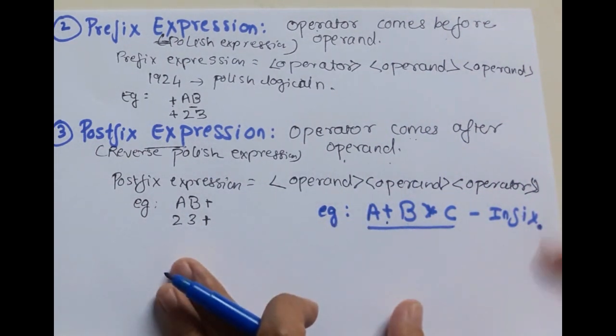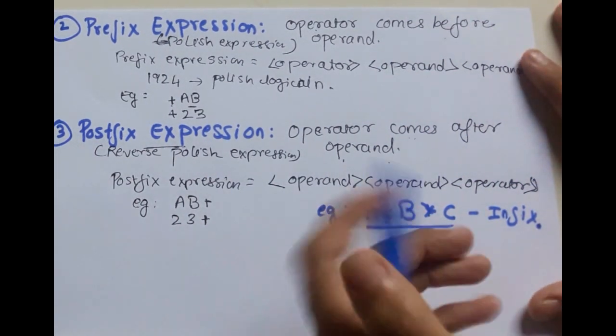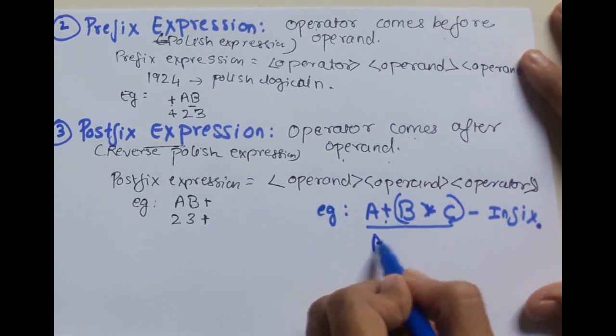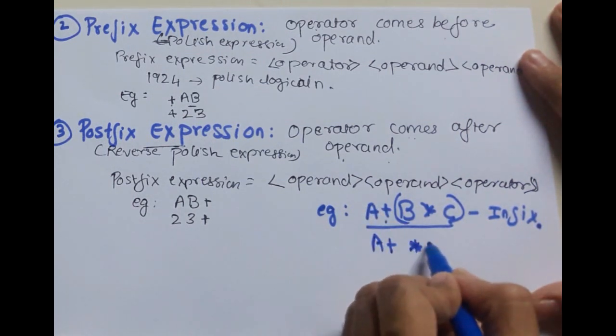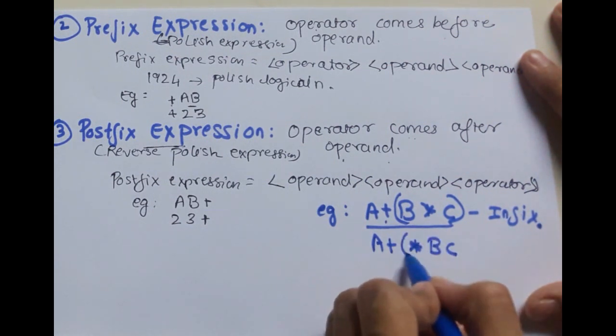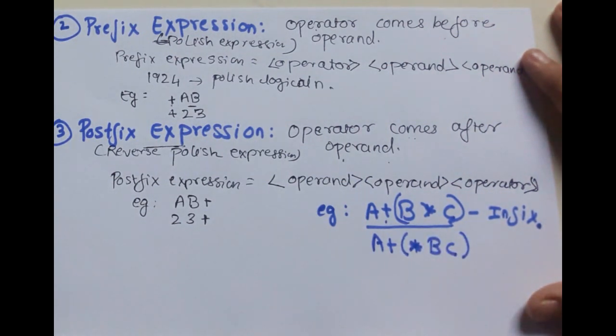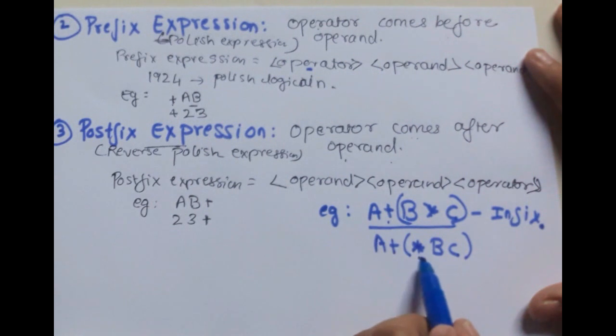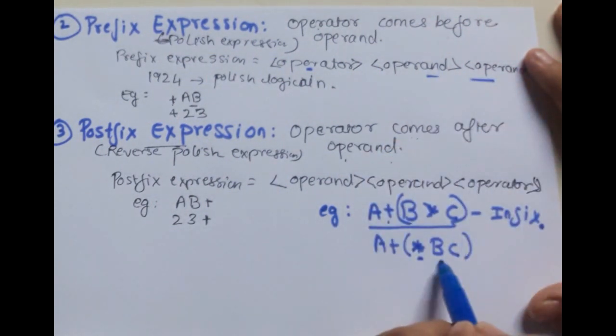Okay. So now converting it into prefix expression, first we'll perform multiplication, that is B into C. So we can write here as A plus multiply by BC. Because we are converting into a prefix expression and we know that in prefix expression first operator and then operands. So similarly first there is operator, multiplication and then operands.